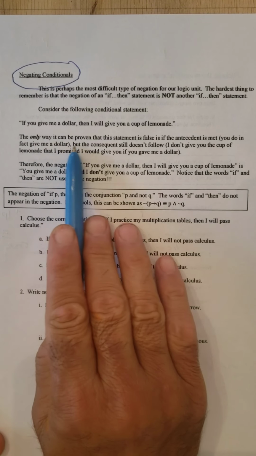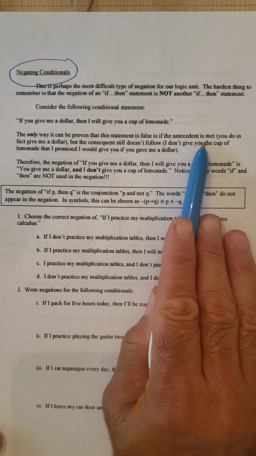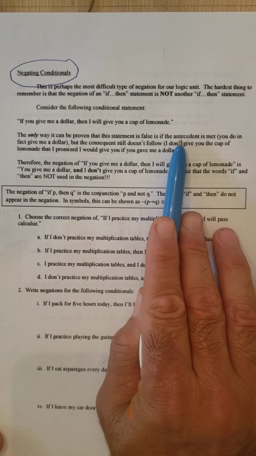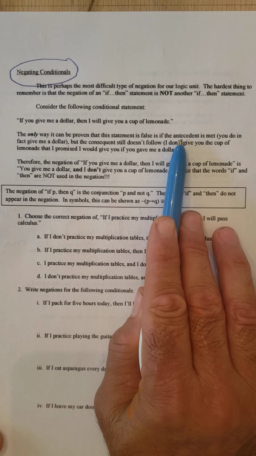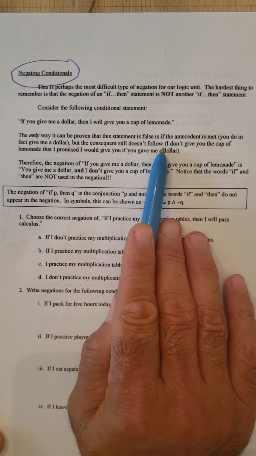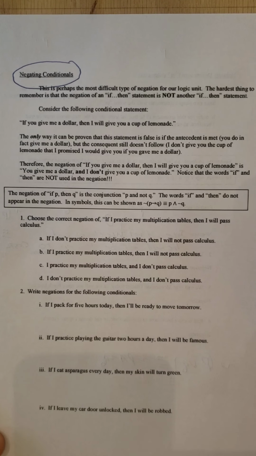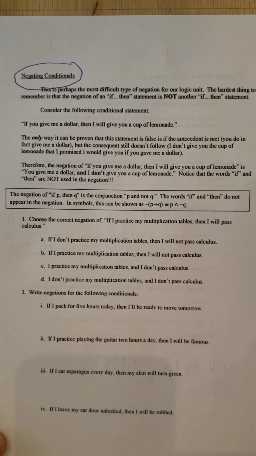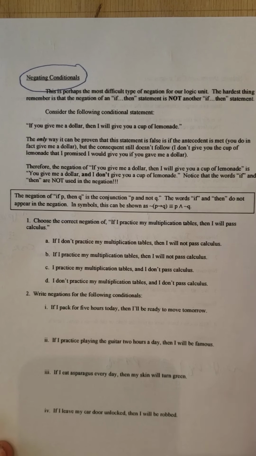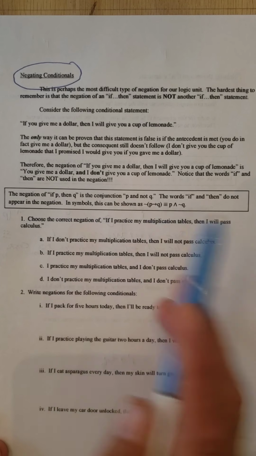The only way it can be proven that this statement is false is if the antecedent is met, and if you remember your truth table for these, the antecedent is true, okay, that you do give me $1, and then the consequence still doesn't follow. So you give me $1 and then I don't give you lemonade, you're going to call me a liar, right? That's the negation. So the negation of if P then Q is a conjunction.